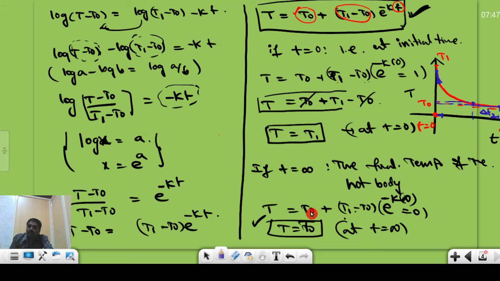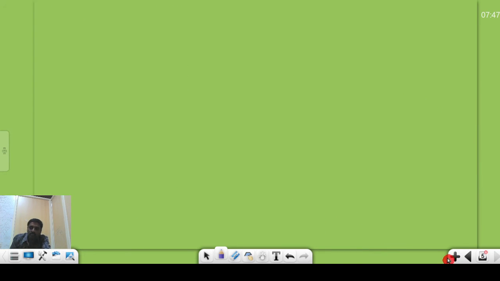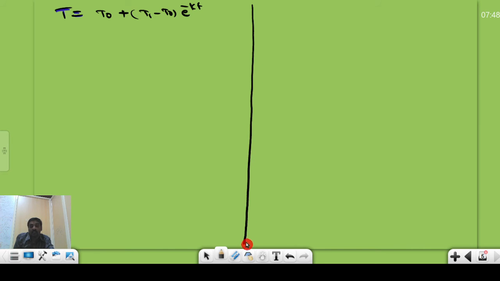But one problem is there. What is the above equation? We learned T is equal to T naught plus (T1 minus T naught) into e power minus kt. This is the equation. But to solve numerical problems, we are unable to use this equation because the exponential term is there.